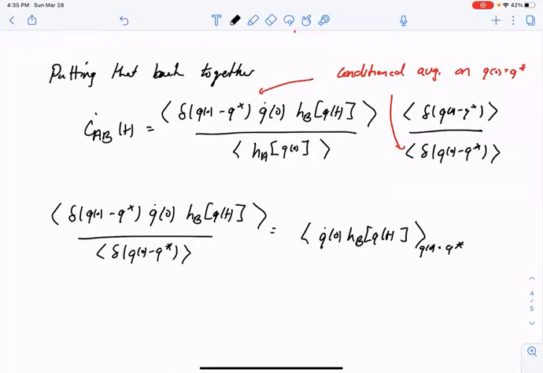I moved that averaging operation, and thus my calculation of the rate, into a calculation that focuses on this bottleneck region, on this transition state.